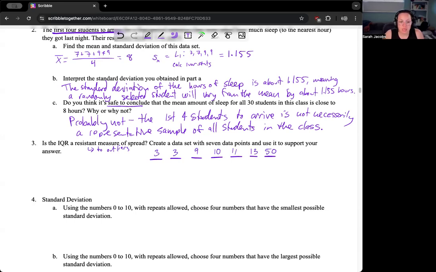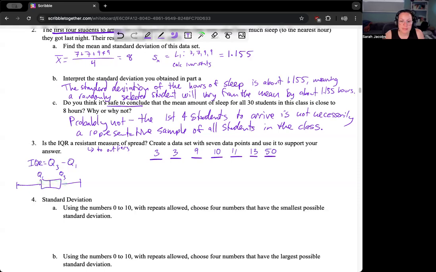So, IQR. Remember, IQR is equal to Q3 minus Q1. When you think about a box plot, this is Q1, this is Q3. So it's giving us basically the range of the box.